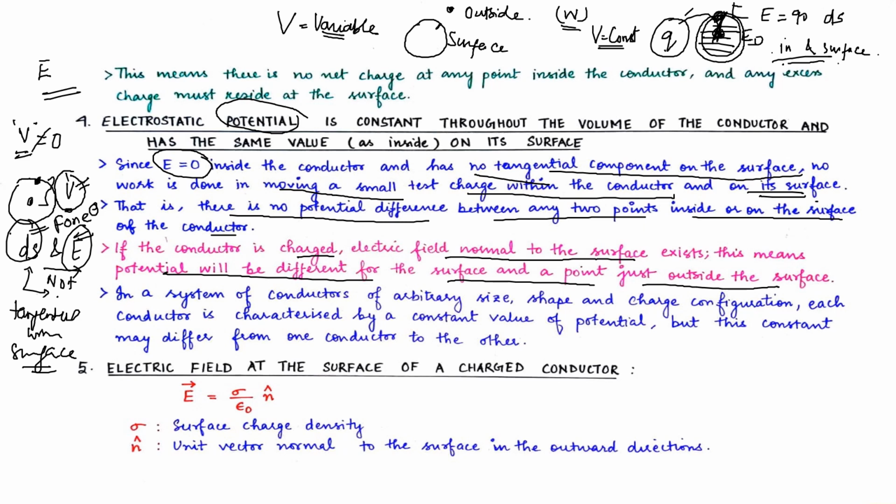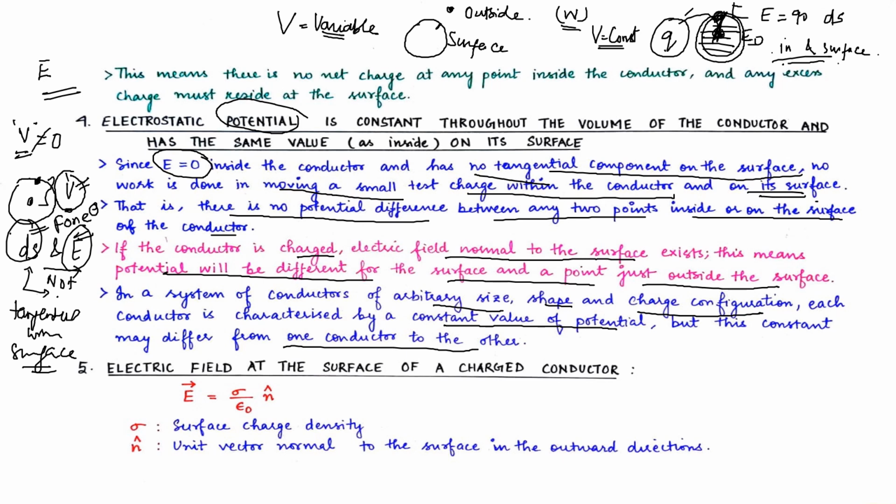In a system of conductors of arbitrary size, shape, and charge configuration, each conductor is characterized by a constant value of potential, but this constant may differ from one conductor to the other. So when we took a system of conductors, we do not have a single conductor now, but many conductors, hence it is called a system of conductors, and they have different sizes, shapes, and charges.